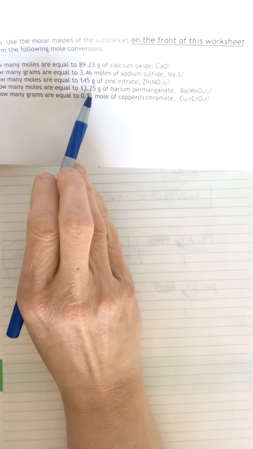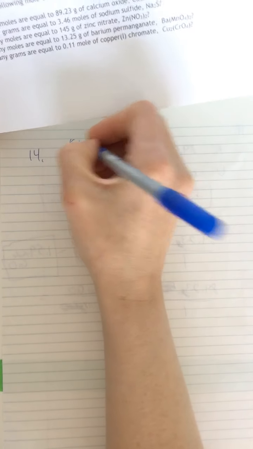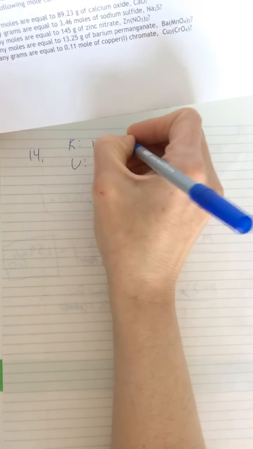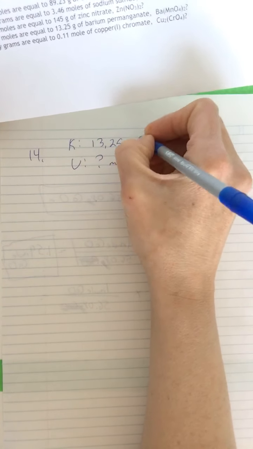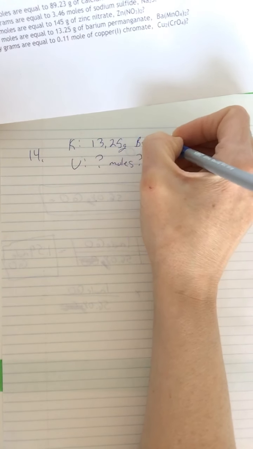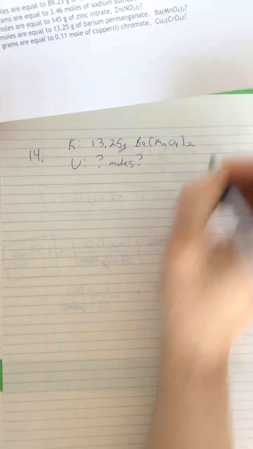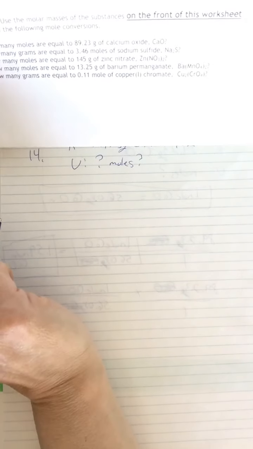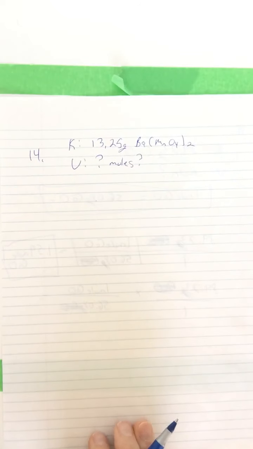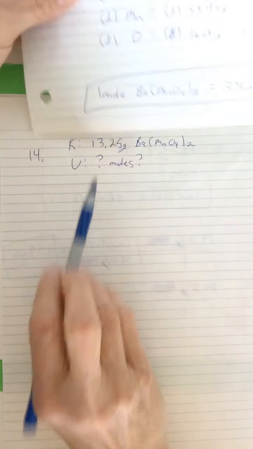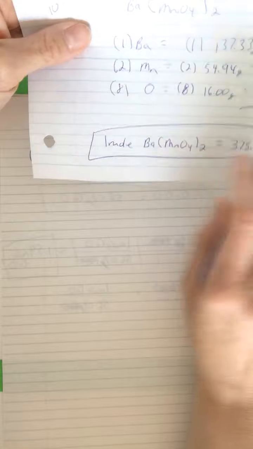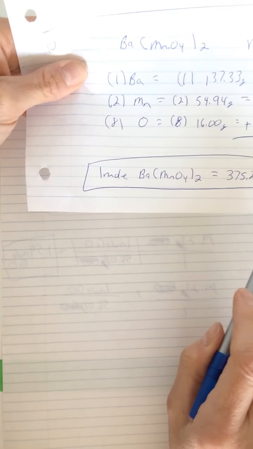Okay, our known is 13.25 grams of BaMnO4 bracket 2. So that's the number 14 question. Two minutes ago, we found this conversion factor when we did all this work to find the grams of BaMnO4.